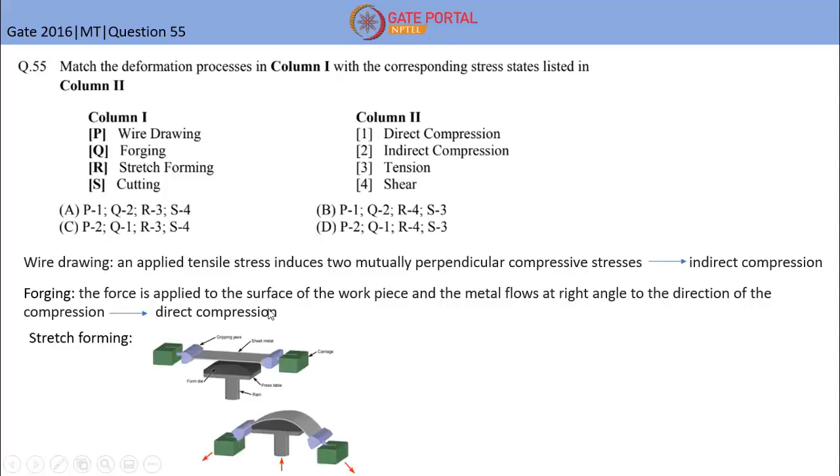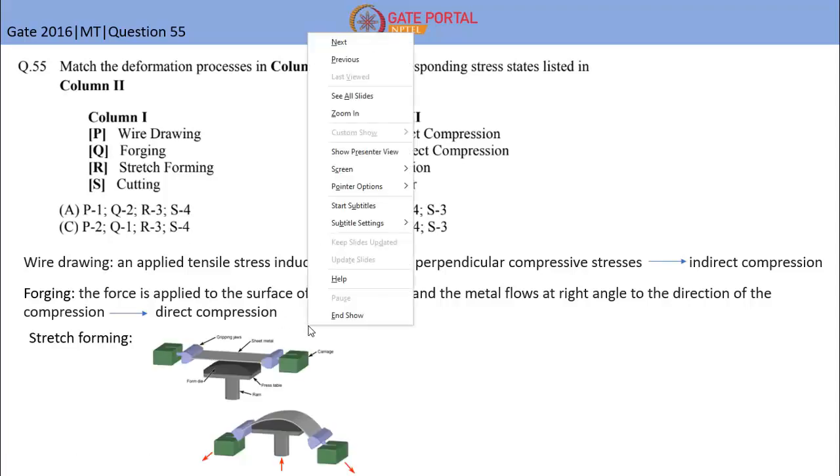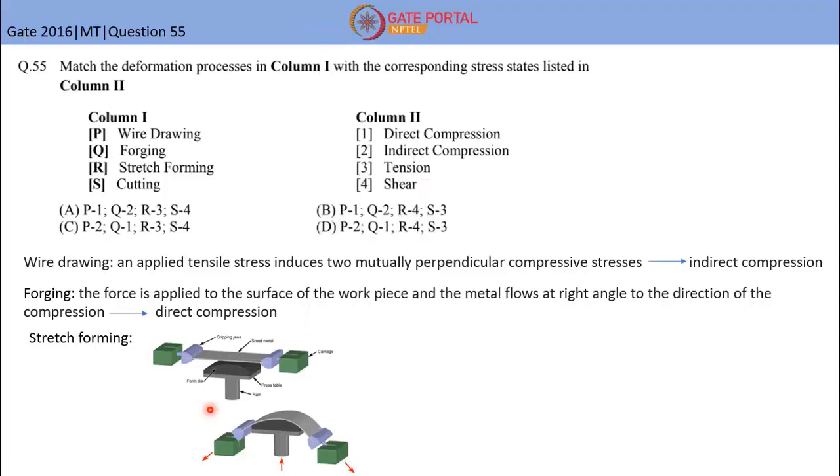Now you can see this schematic. This is the sketch of stretch forming. Here you can see one die is there, and here you have a sheet, and this sheet is held by these two carriages. They usually call it a carriage, and this ram is fixed.